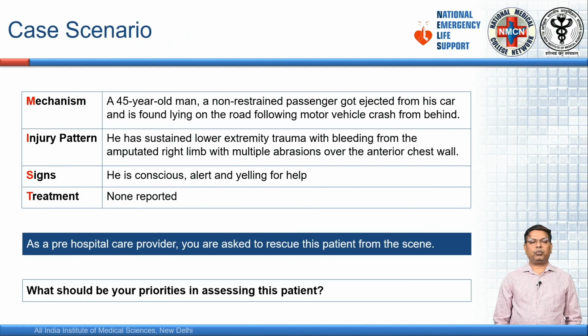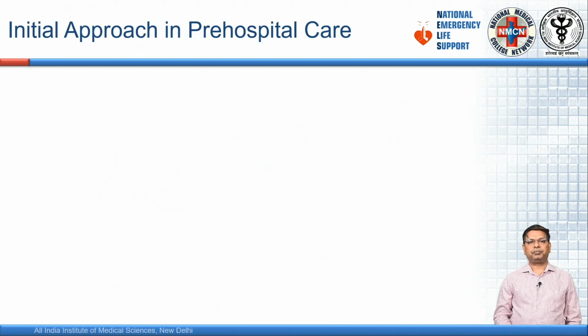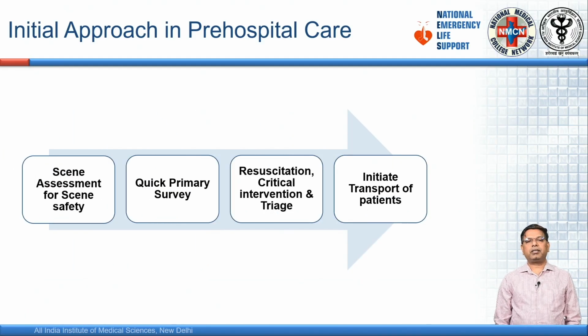As you reach there as a pre-hospital care provider, you are asked to rescue the patient from the scene. How are you going to approach this patient, and what will be your priority in assessing and managing this patient? Let's take a brief snapshot of what we are going to do. Quick assessment at the scene and doing something at the scene.